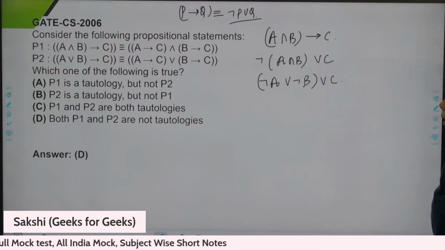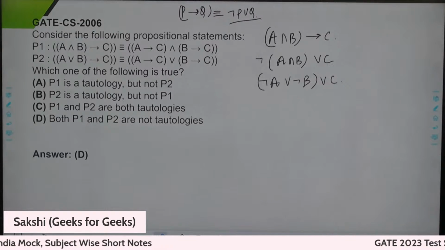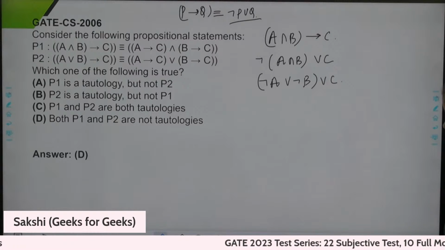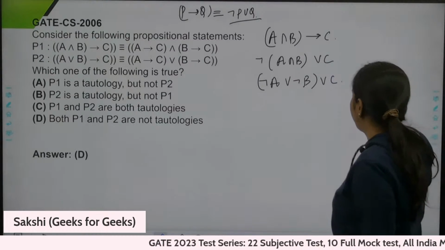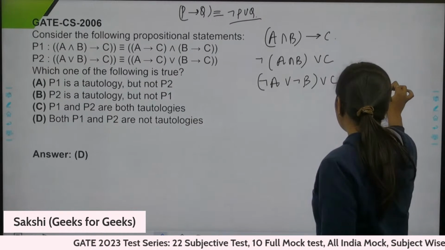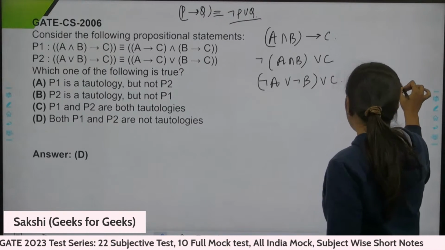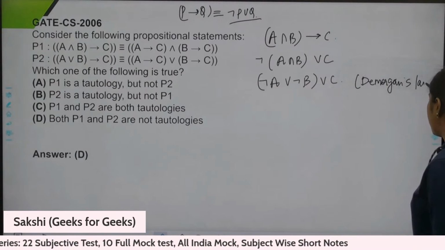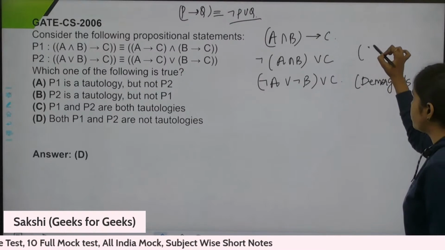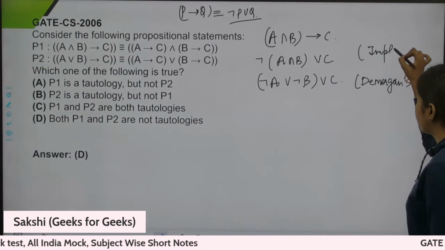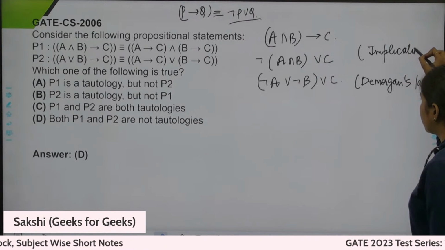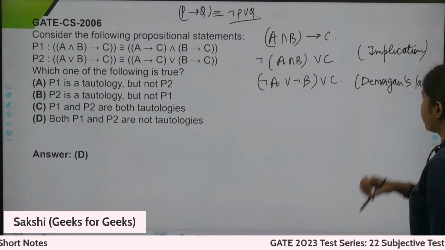Is it correct? And becomes or, because of De Morgan's law, and here I have used implication, right?